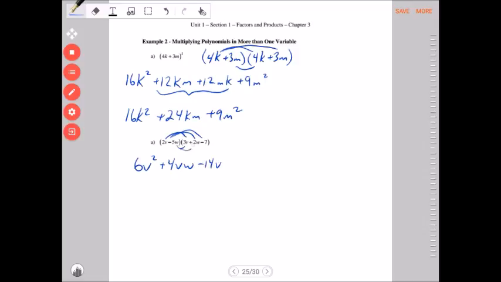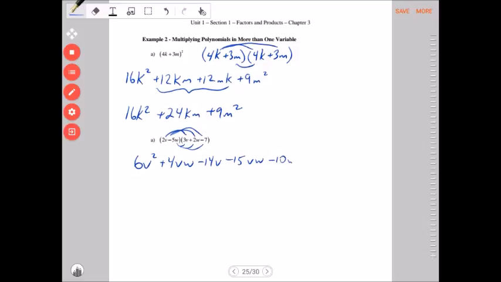Awesome. Okay, now we have the second set of distributive laws. So negative 5 times 3 is negative 15. Then this is w times v, or vw, if we go in alphabetical order. Then negative 5w times 2w is negative 10w squared. And then negative 5w times negative 7 is plus 35w. So we check to see who our like terms might be, and there's only the one set.